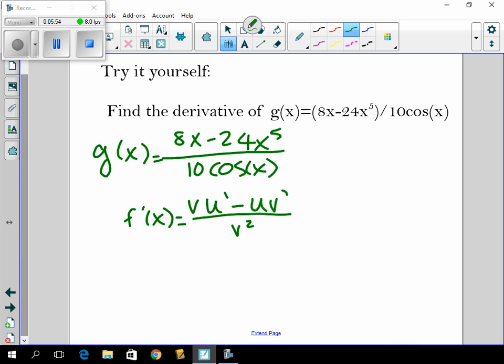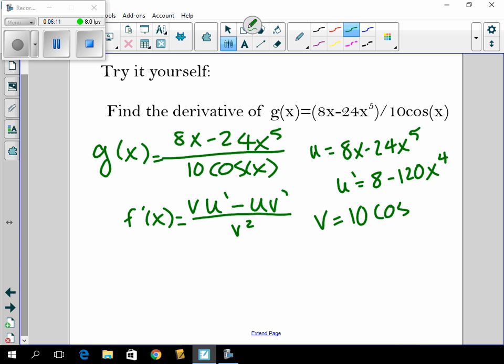So my u, I'm going to say, is 8x minus 24x to the fifth. So my u prime is just 8 minus 24 times 5, which is 120x to the fourth. My v is my bottom, 10 cosine x. V prime is just 10 times negative sine, which is negative 10 sine of x.